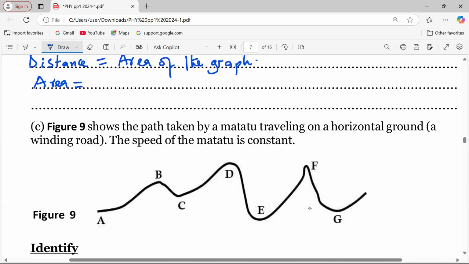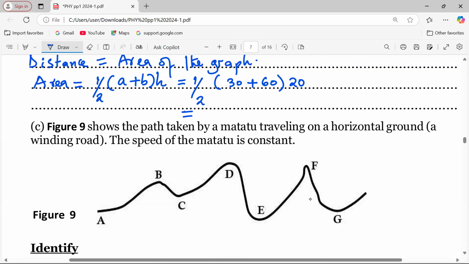So we'll be talking about half times the sum of a and b, multiplied by h: half the first parallel line plus the second parallel line, times the height between them, which is 20 in this case.